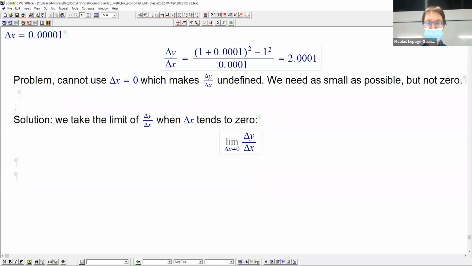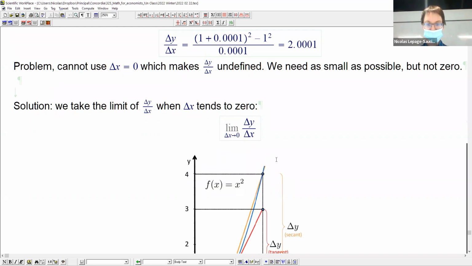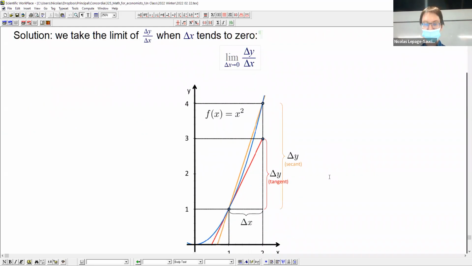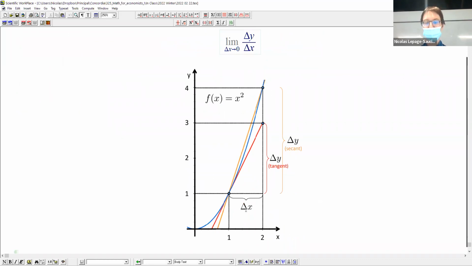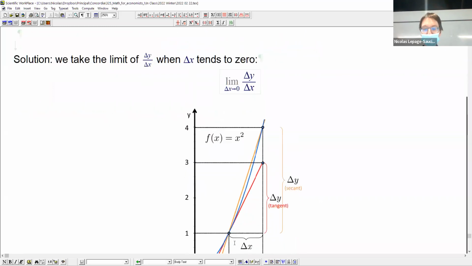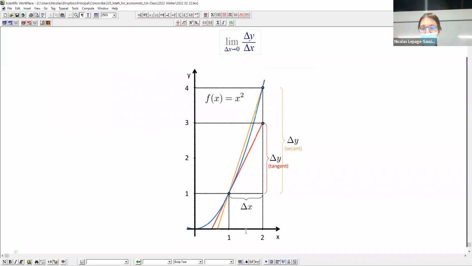So I have here made a small graph for you to show what's going on. Here, I've looked at two cases. I start at 1, and I take delta x equals 1, and then I get this change there.